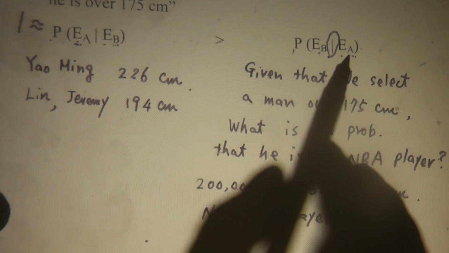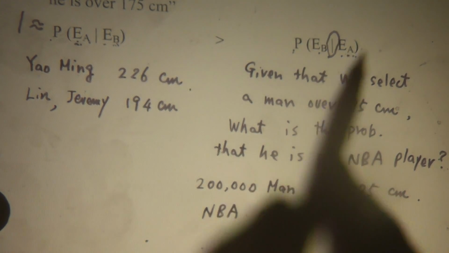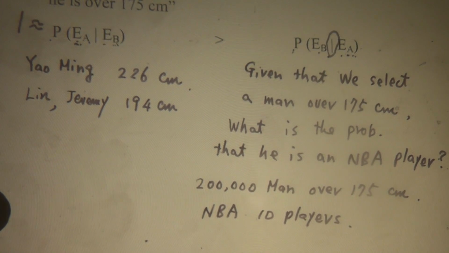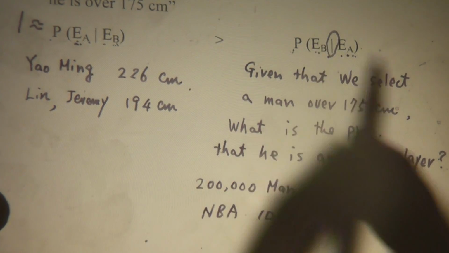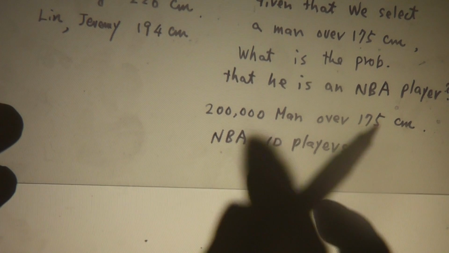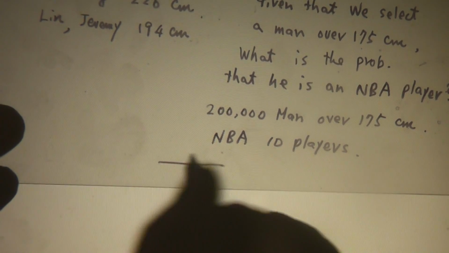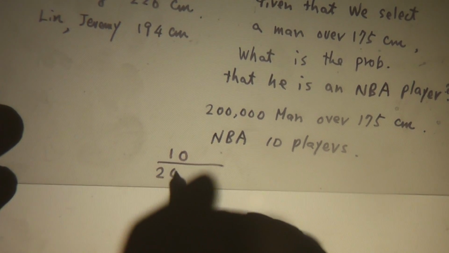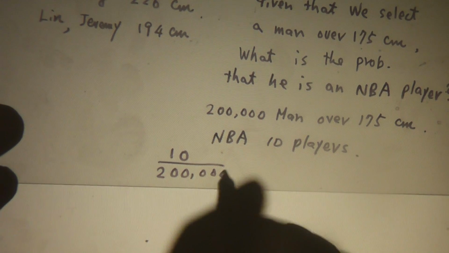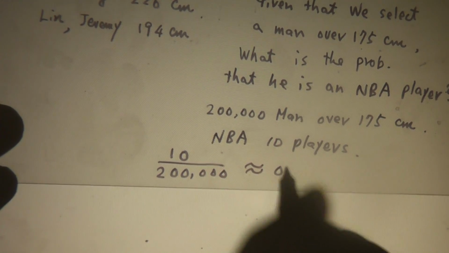So if you tell me I select a man over 175 in Chicago, how likely is he an NBA player? Well, the chance is like this: 10 over 200,000. And this probability is almost equal to 0.